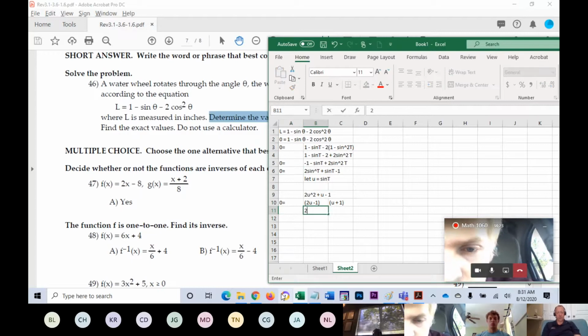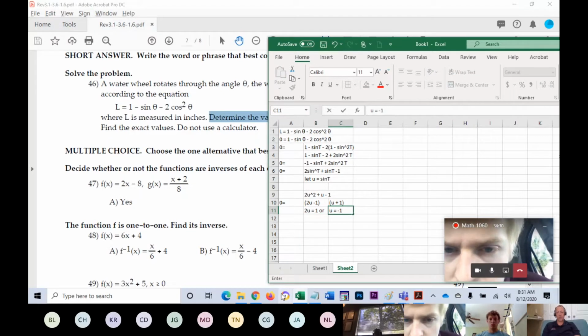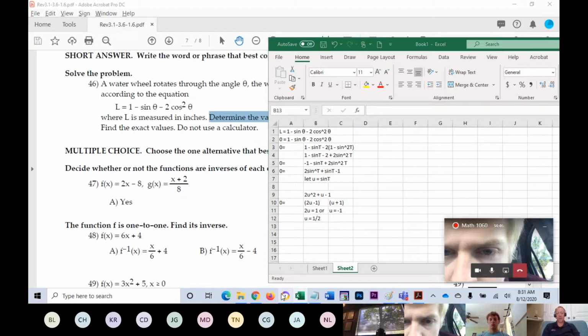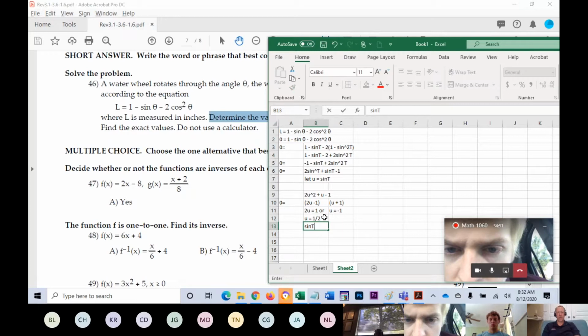So 2u equals 1 or u equals minus 1, right? Mm-hmm. Okay. So this could be u equals a half now. And now we need to substitute back. So sine of theta equals 1/2 or sine of theta equals negative 1.